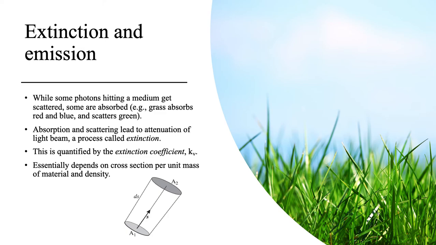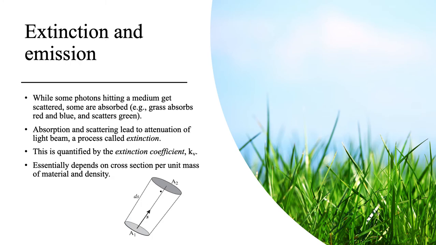first of all, I want to introduce a concept that will be useful for the rest of the class. And this is what we call the extinction coefficient. So suppose that you have a beam of photons that is coming into a medium.